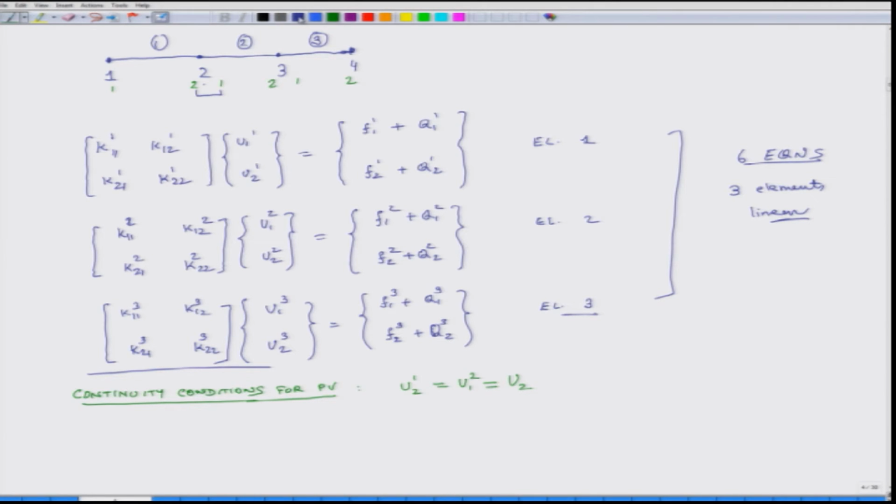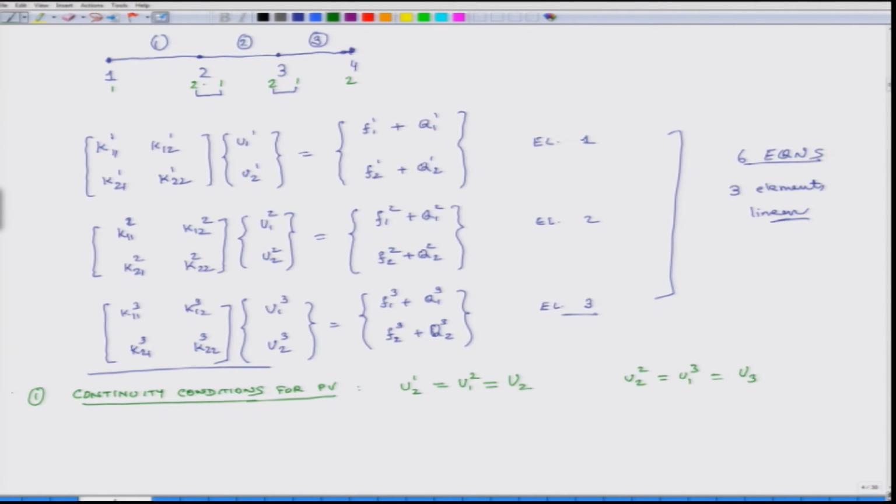Likewise, I have also another continuity condition at node 3. So, the equation for that is U2 of second element equals U1 of third element, and that equals global degree of freedom, which is U3. Okay. So, this is my first step.